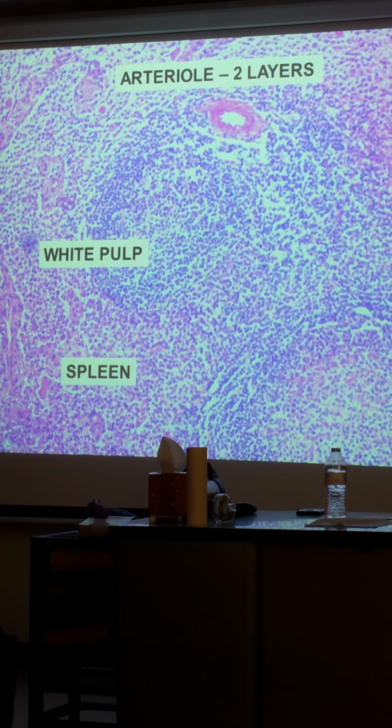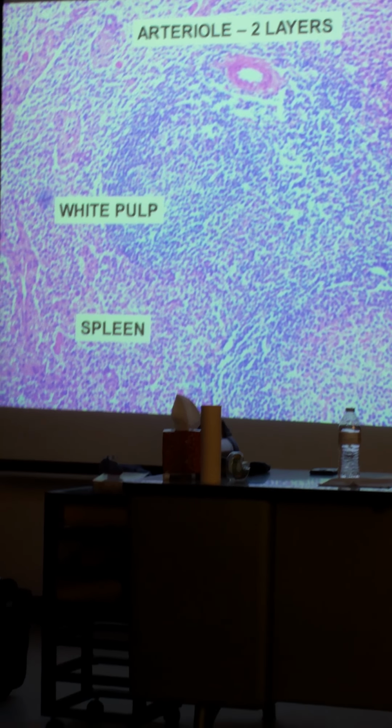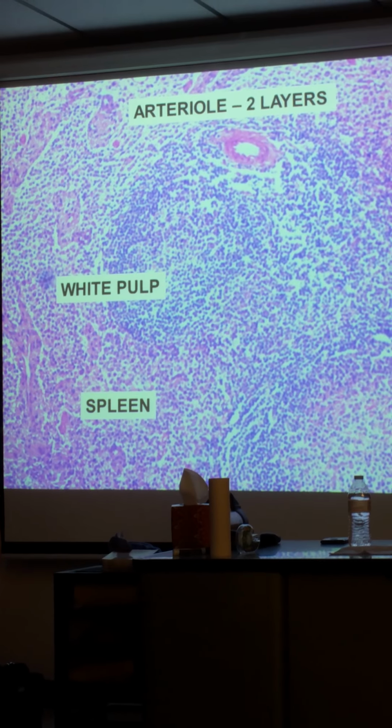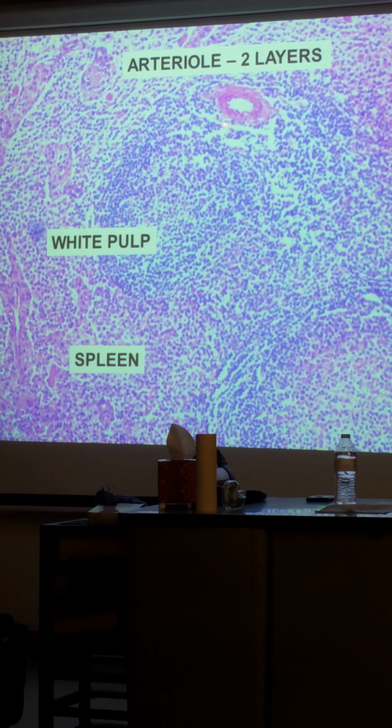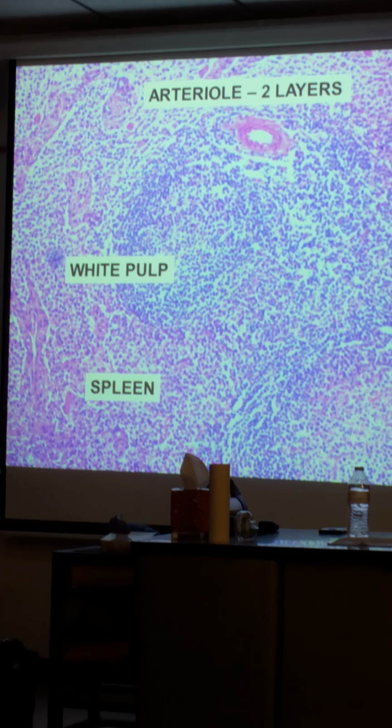The white pulp is purple on the slide, but on fresh dissection it looks white because it's a bunch of white blood cells. So we have all these white blood cells surrounding the blood coming in. If there's an infection, you might have the right clone to fight it.